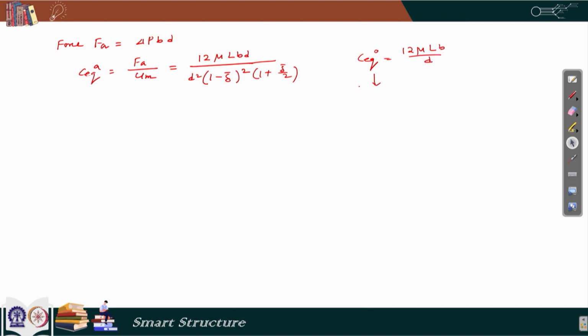So, this is the damping coefficient under no field, and this is the damping coefficient under field, which we can call as active mode.